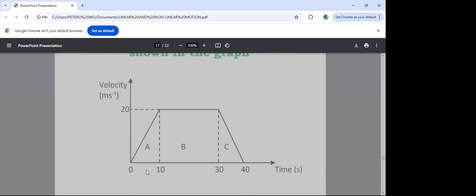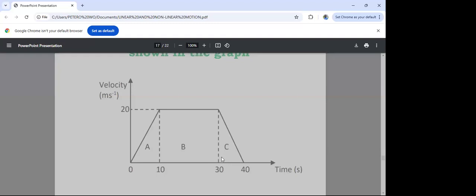You look at the time axis. We have from 10 to 30. That means the time interval there is 20. It's 20. So it moves with a uniform velocity of 20 meters per second in 20 seconds.